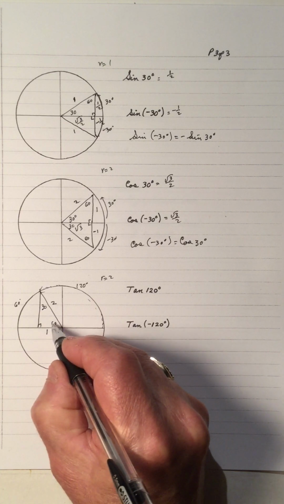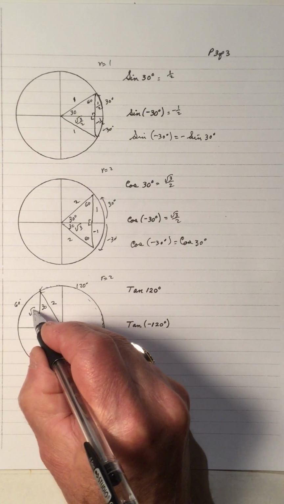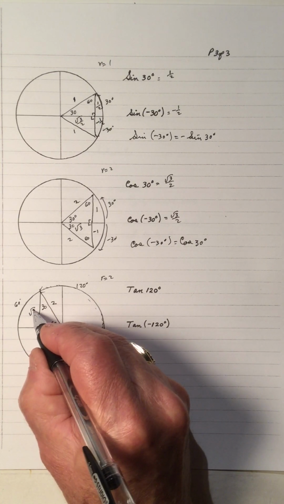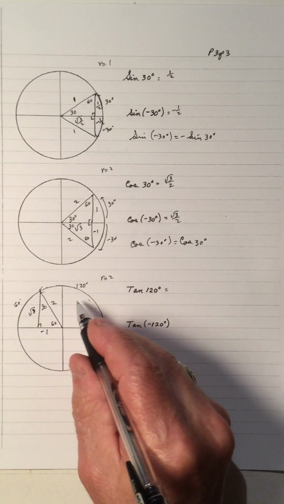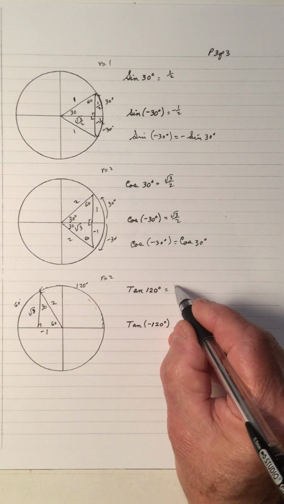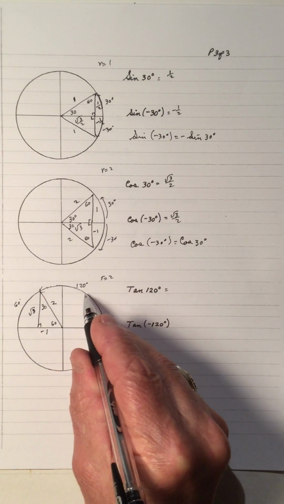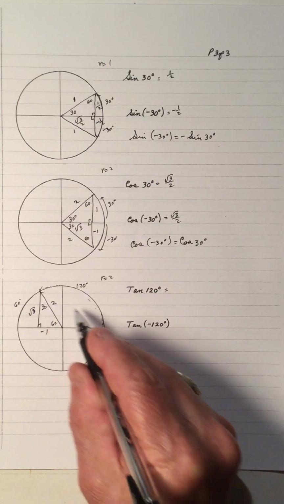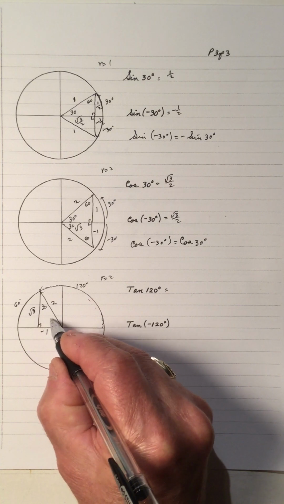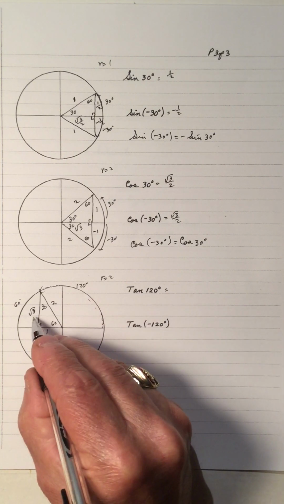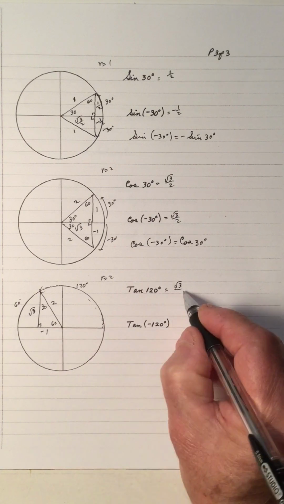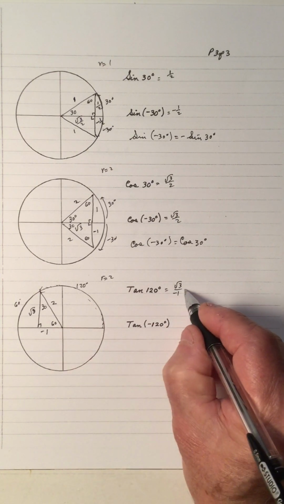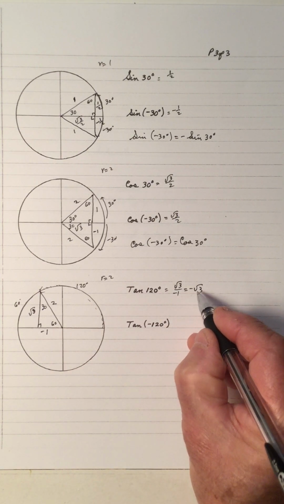This is a 1, and opposite 60 is a root 3. The y is positive, and the x is negative. So the tan of this 120 rotation is opposite, and even though the rotation is 120, you work it out in terms of the reference angle of 60. So tan is opposite, which is root 3, over adjacent, which is negative 1. So it's negative root 3.